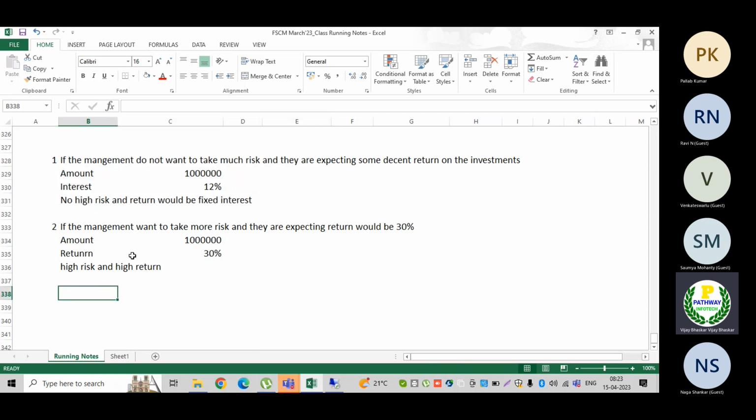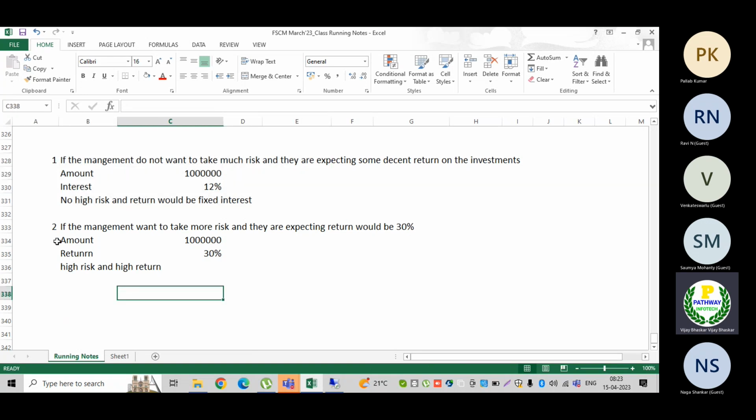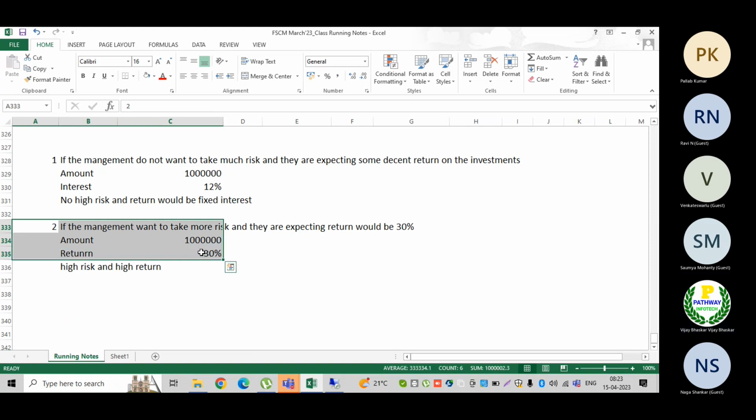So here we need to understand two things: high risk, high return, and low risk, low return. That decision will be up to the business. In which financial instrument they want to invest the money, it's a business decision.